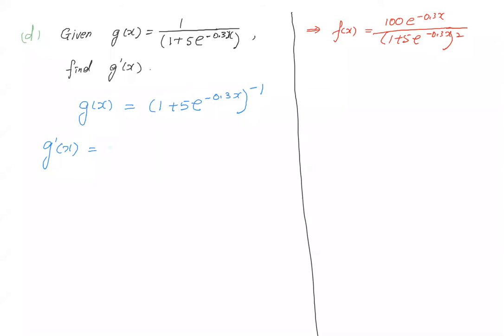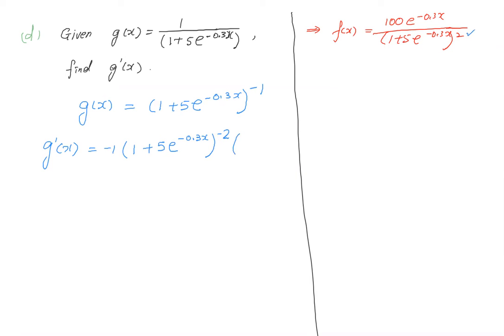Bring down the power. Copy down the whole thing. Power take away 1. You see, there is a 2 here.